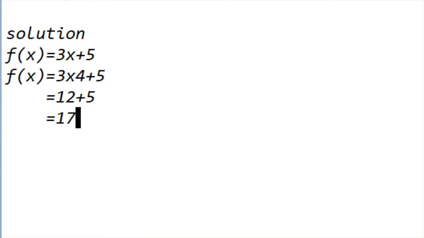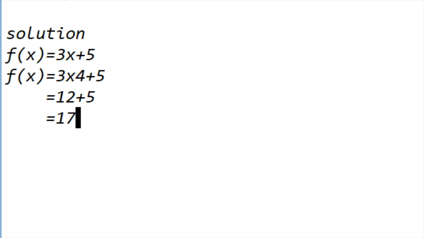So in this manner, one can solve for f of x given x, or you can solve for x given f of x, vice versa.